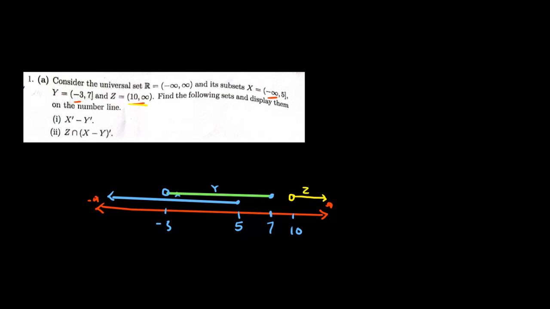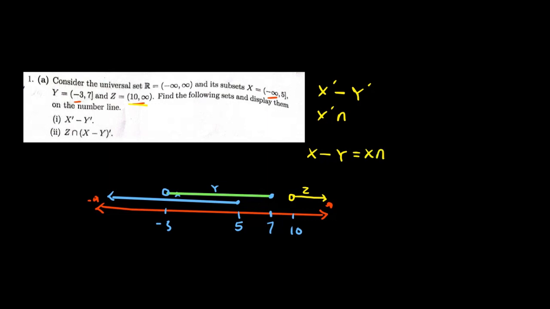Then they tell us we must find X complement minus Y complement. Now we can simplify that to be X complement intersection Y. Because of this minus sign, if I have, let's say, X minus Y, this set difference can be written as X intersection Y complement.